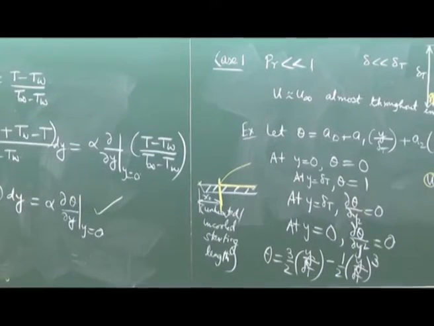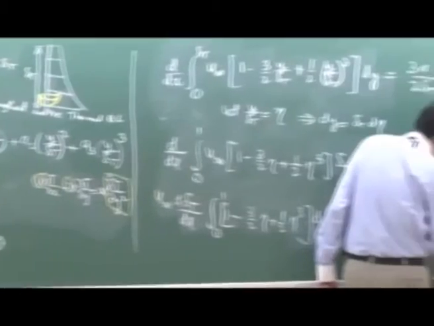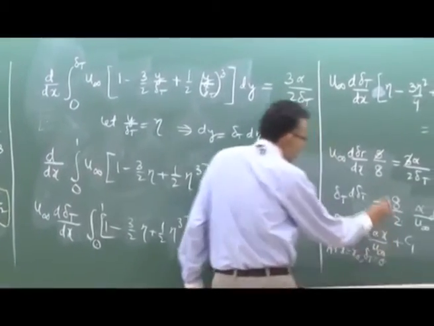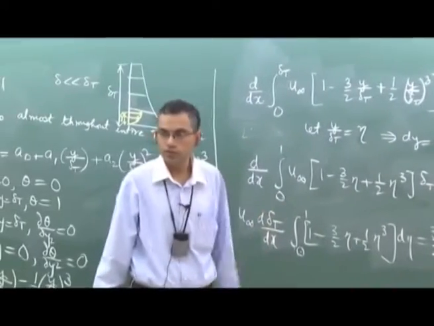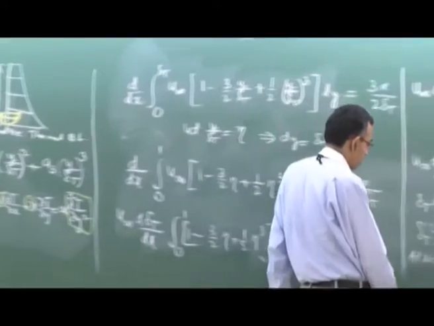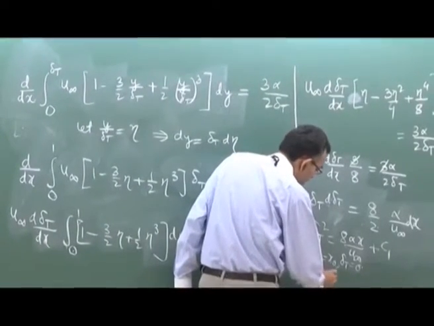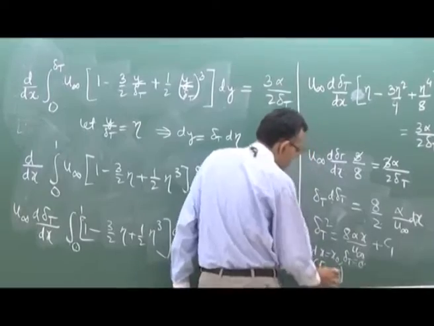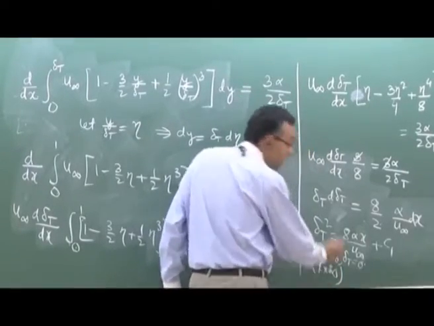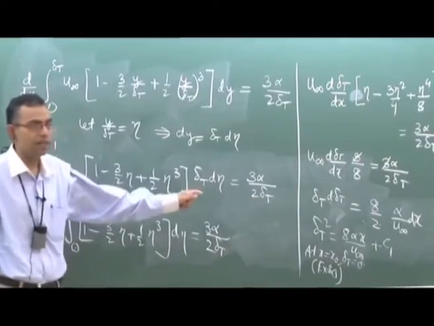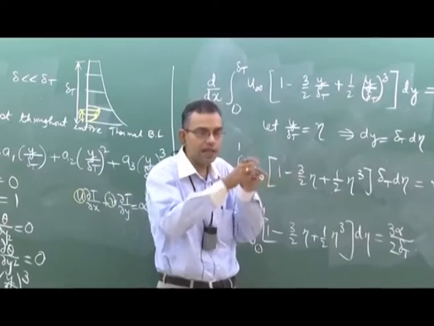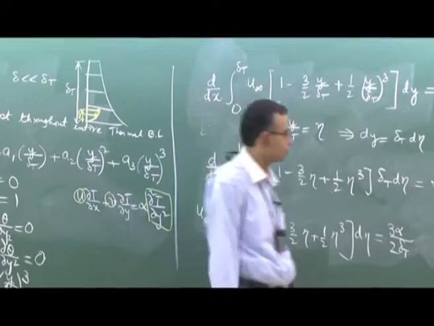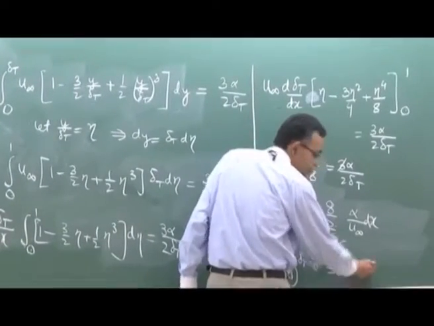So we can say that at x equal to x0, delta t equal to 0. As a special example, let us take x0 equal to 0. But this is a special example. Don't think that it is a generalization. X0 could be any value, but as a special case we are considering that the entire plate is heated or cooled. So that means you will get C1 equal to 0.